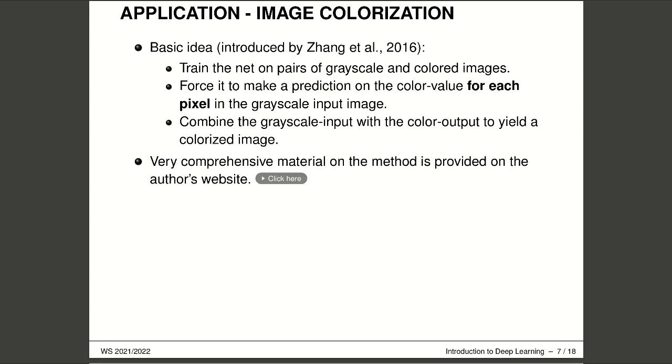grayscale and colored images. Here they force the network architecture to make a prediction of the color value for each pixel in the grayscale input, and combine the grayscale input with the color output to yield the colorized image.